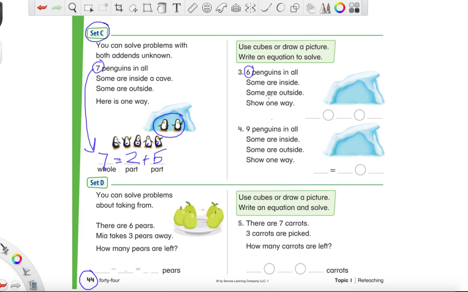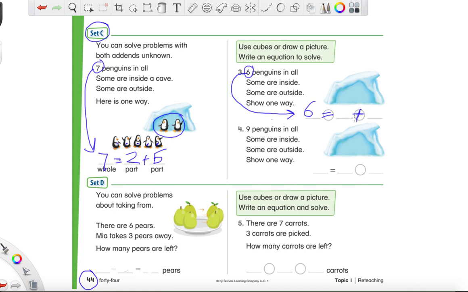Some are inside, some are outside. We need to figure out a way to show 2 parts of 6. So we can start with our big total, right? Just plug that in right here. And it's the same thing as a regular problem, except they're putting the big total first, and then they want us to show the 2 parts that make it.